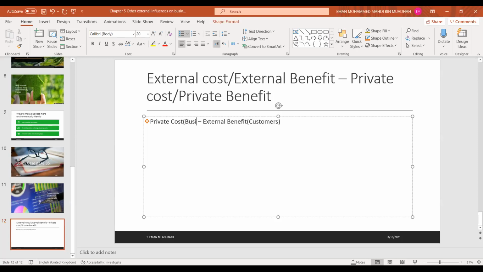And that's the business. And what is considered the private benefit, which is for the business again, it is the external cost.